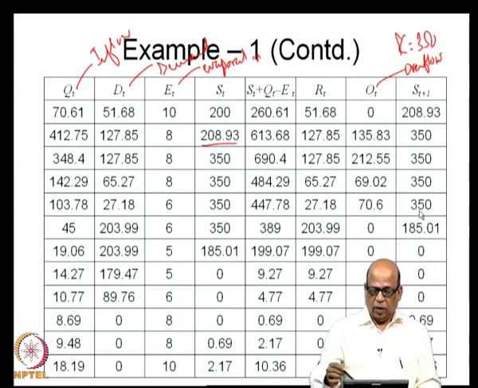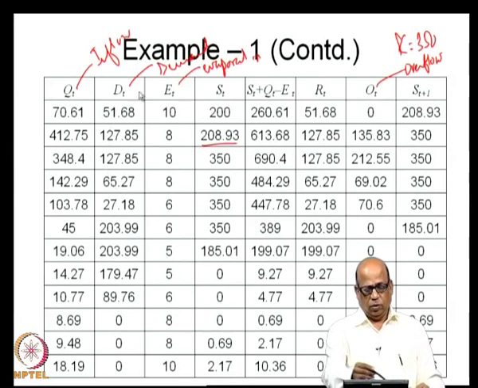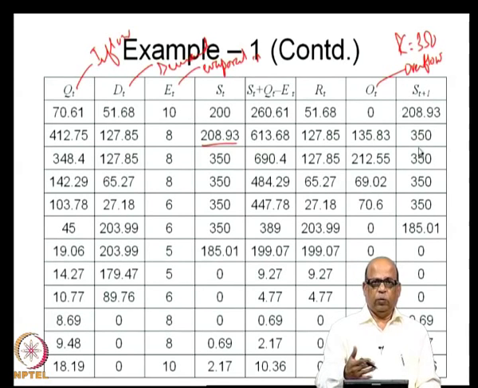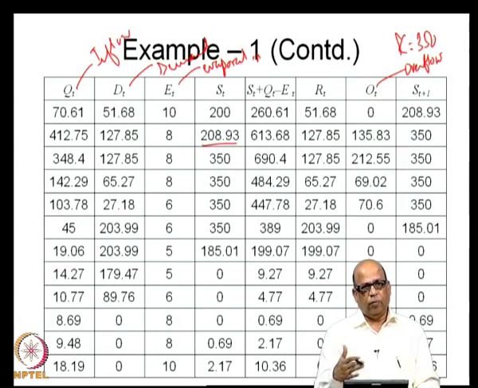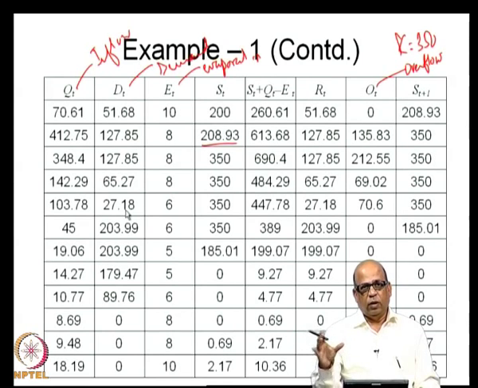And then you can do several analyses using the simulation that you did. I have shown it only for a few periods here. In fact, I have taken only 1 year period and shown the operation, but typically what we do in simulation using standard operation is that you take the last, let us say, 20 years, 30 years data. Your demands may be constant for different time periods within a year.